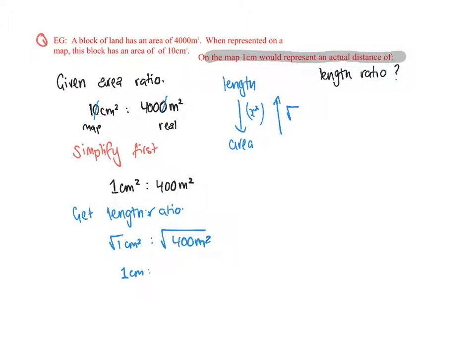And what's the square root of 400? What's the square root of 400, boys? Oh my God. 20. Okay. So 1 centimeter on the map would represent 20 meters in real life. Okay.